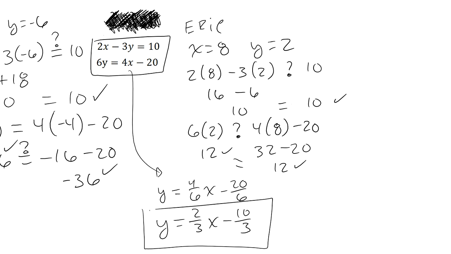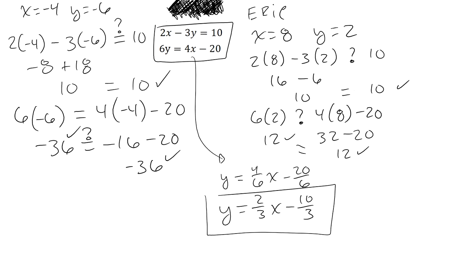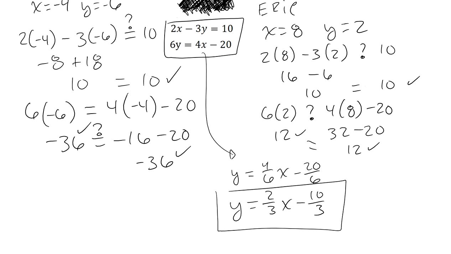Now let me do the same thing with the first equation. I'm trying to get y alone, so I'm going to subtract 2x from both sides. So I get -3y equals -2x plus 10. And if I divide both sides by -3, I get y equals negative 2 over negative 3 x, and that would be minus 10/3.